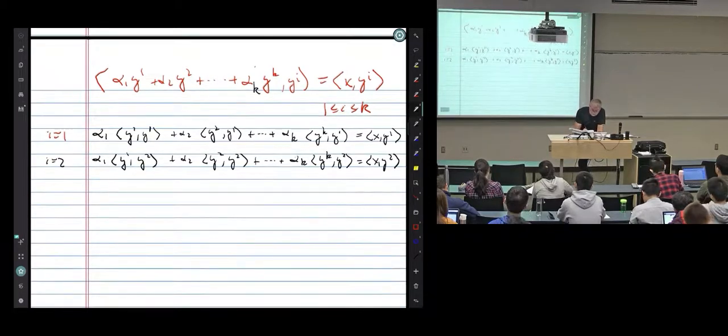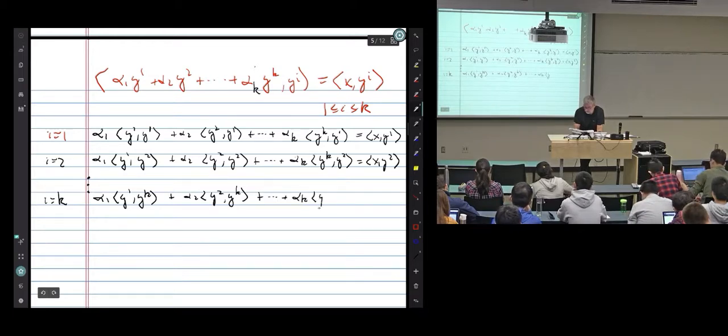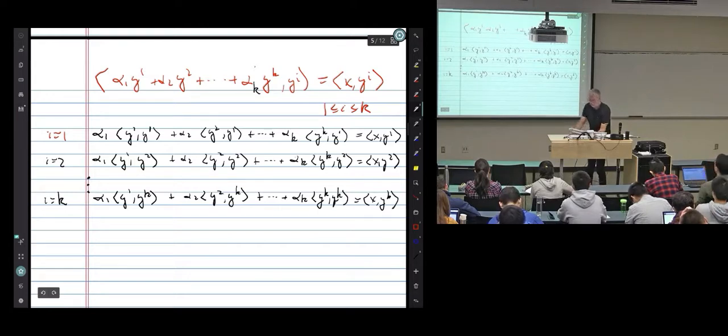So just brute force. We jump to the end: alpha 1 times the inner product of y1 with yk, plus alpha 2 times the inner product of y2 with yk, dot, dot, dot, alpha k times the inner product of yk with itself, equals the inner product of x with yk.